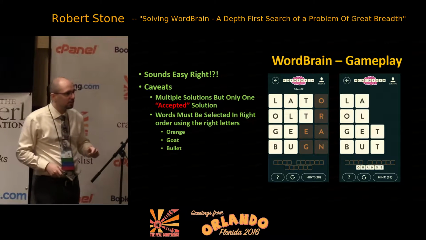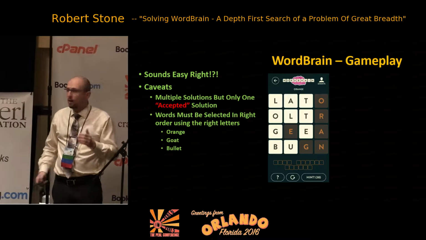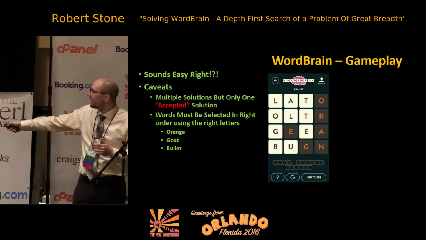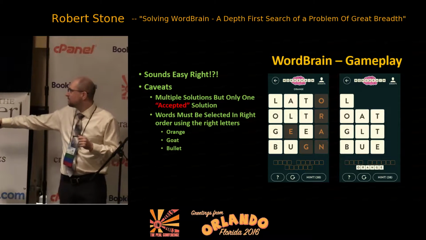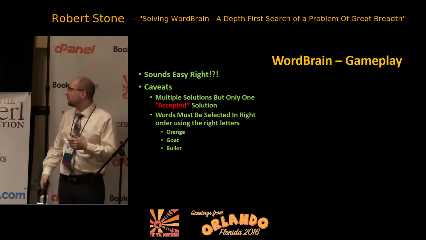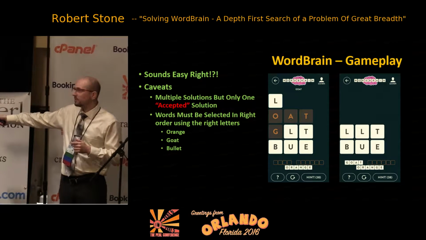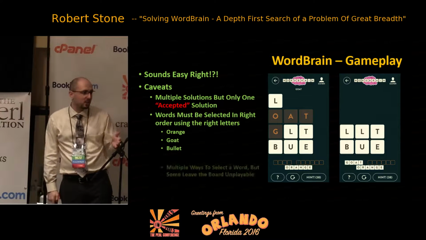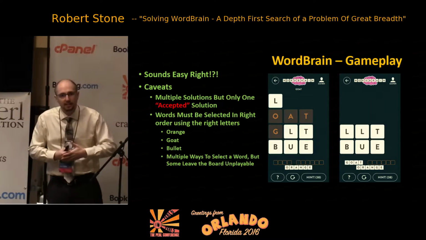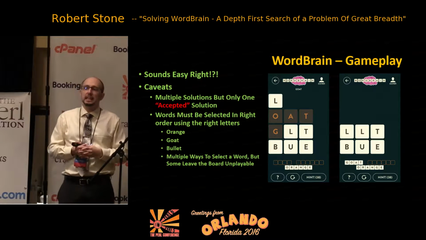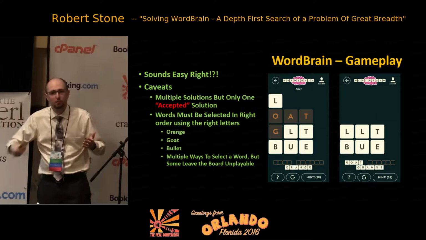Okay, that's another real challenge to this. Just to show you what it would have looked like otherwise, if I would have taken that E instead of that E, in this case, I can spell goat. And once I can spell goat, that goes away, I can spell bullet. So it's significant. You have to select things in the right order. There are multiple ways to select a word, but some methods leave the board unplayable. And when the board's unplayable, you have no choice. You just have to restart.